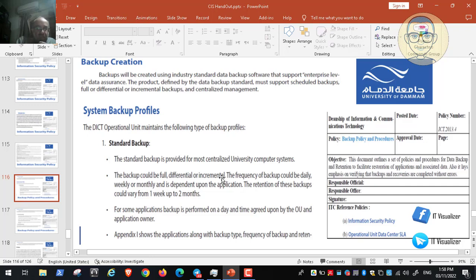Maybe it is writing data to a database. It depends upon the type of data used within the application. If it is confidential or highly confidential, then we should back it up every day. If it is internal or public data, then we can back it up maybe every month.